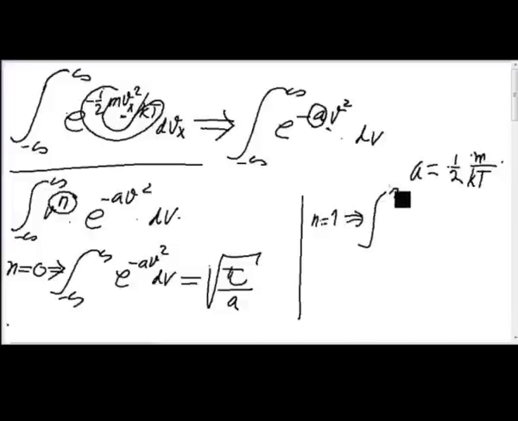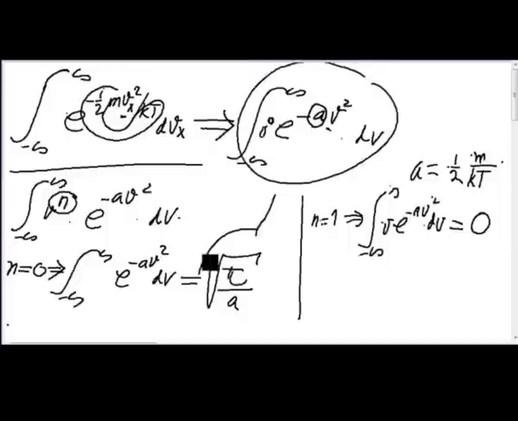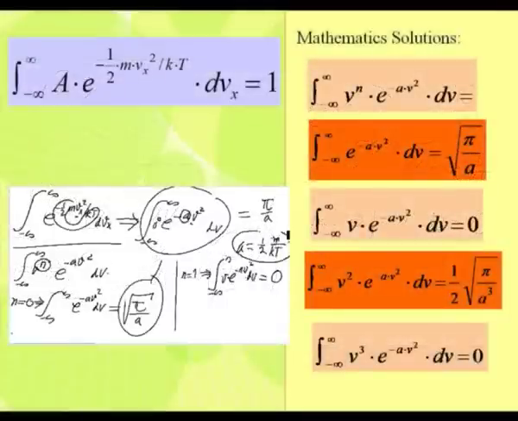We have V to the power of 0, so we have root of pi per A, and A is this.